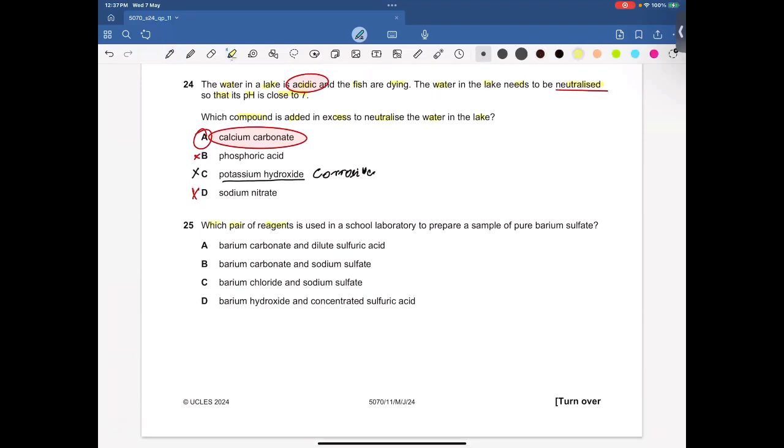Question number 25. Which pair of reagents is used in the school laboratory to prepare a sample of pure barium sulfate? By the way, this is an insoluble salt. And insoluble salts are formed through precipitation.